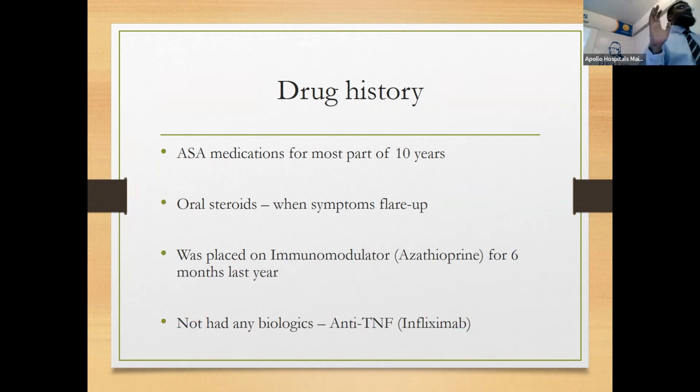So they tell you, doctor, I've been on this, Mesacol, 800 milligrams 3 times a day, I do take prednisolone, 40 milligrams, everything is there. The drug history will give you a good clue about the etiology for small bowel obstruction. So you've got to take the drug history, and it will take you straight to the diagnosis. And this lady apparently was placed on an immunomodulator also for about 6 months, but she's not had any biologics.